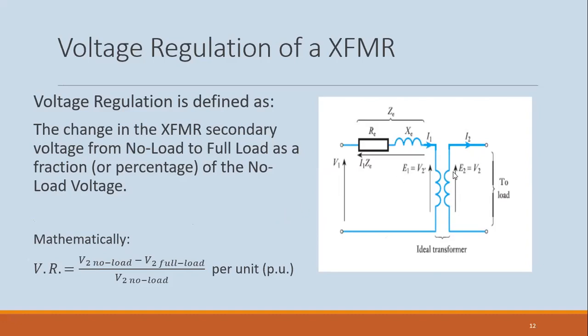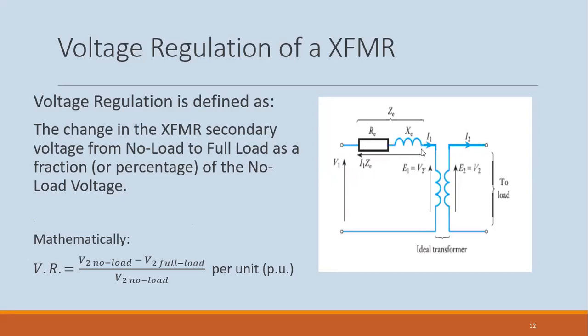By the way, E2 is the voltage across the secondary winding, and E1 is the voltage across the primary winding. There's actually a difference between E1 and V1 on load. When there's no load, E1 and V1 are the same. But right now, the difference is due to the voltage drop across the impedance here. So E1 plus I1 ZE would be equal to V1.